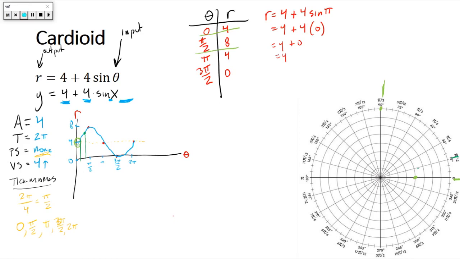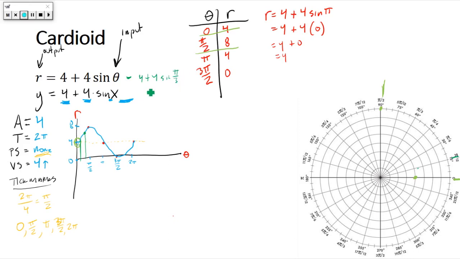We can get the exact value if we evaluate. If you plug pi over 3 into this equation, you would get 4 plus 4 times the sine of pi over 3. The sine of pi over 3 is root 3 over 2.